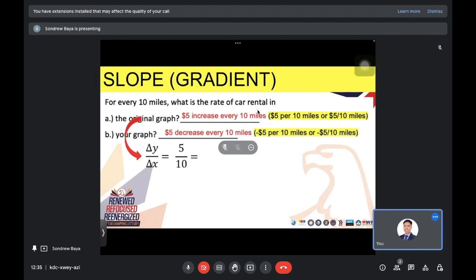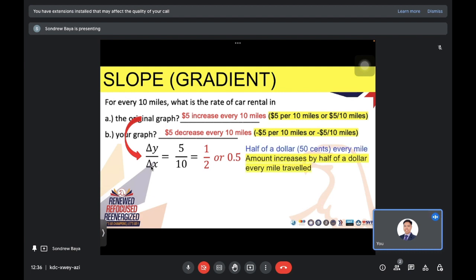That's why it's positive. And then for every 10 miles in the x, that's why the change in x is 10. Again, we can simplify this. Since it's just a ratio, we can actually reduce this to a much simpler term, which is 1/2, or simply 0.5.